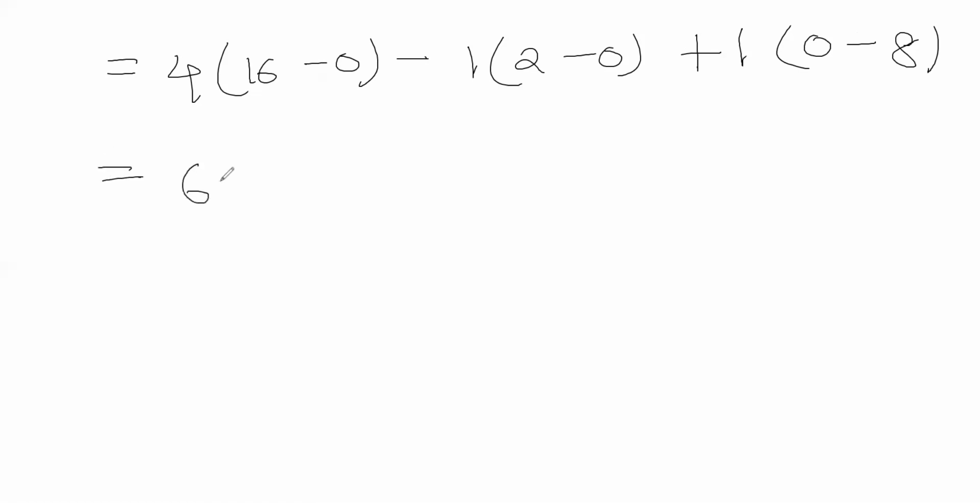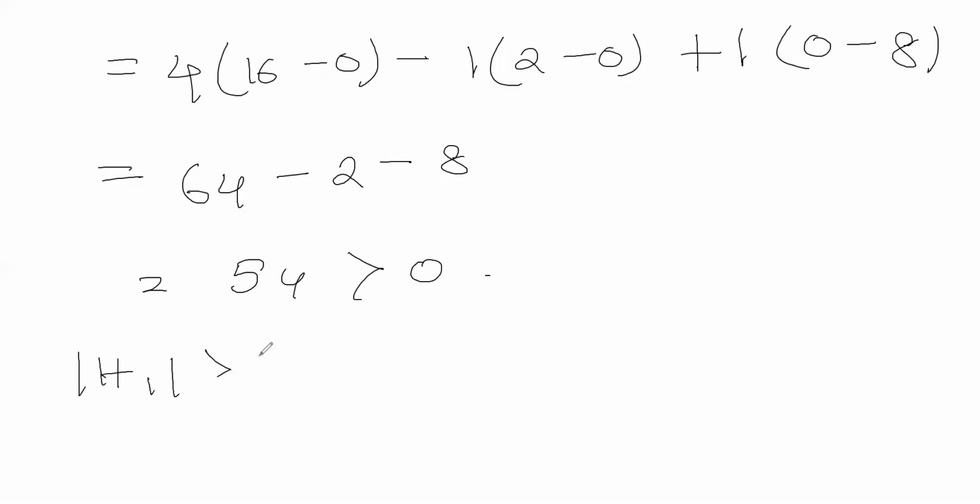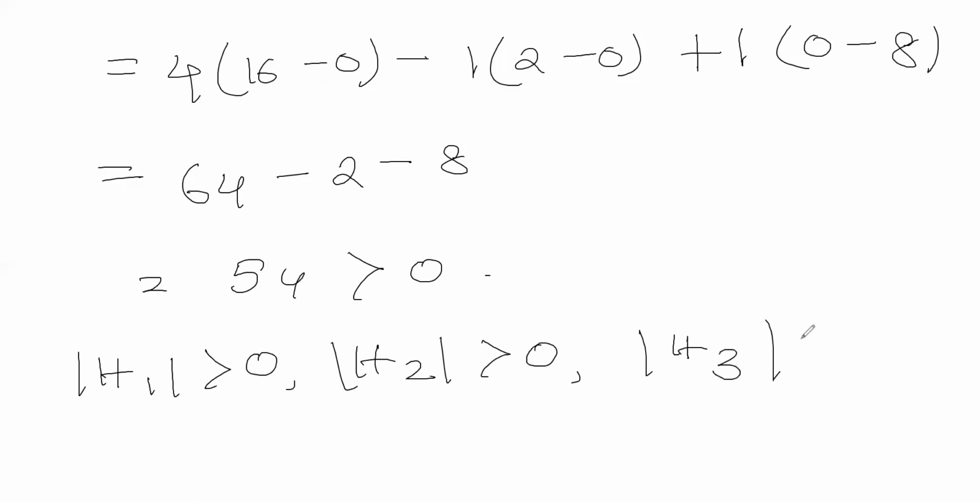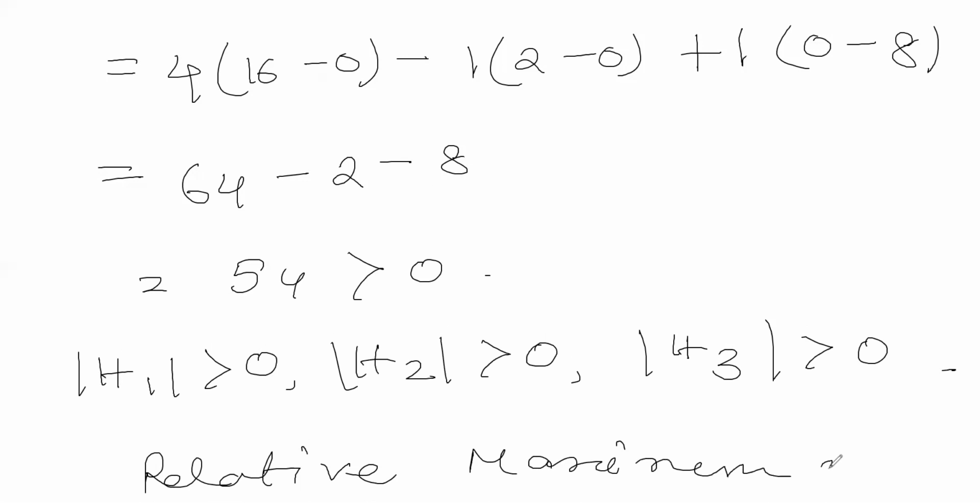From here we get 64 minus 2 minus 8, which gives us a value of 54, which is again greater than 0. So thankfully we have H1 greater than 0, H2, the determinant, also greater than 0, and H3 also greater than 0. As a result, we can say that the function is at its relative maximum. And that's how a multivariable case is solved, by using a Hessian matrix.